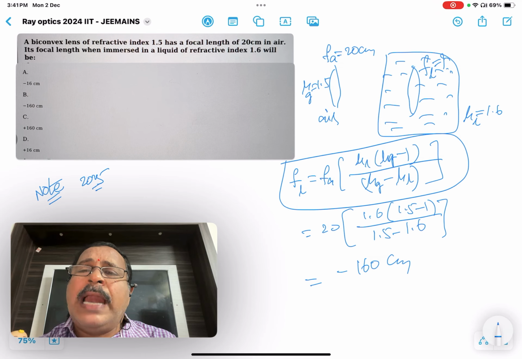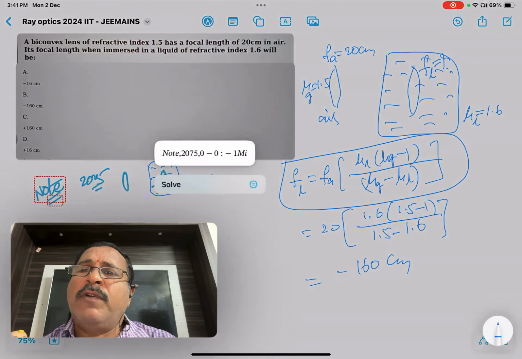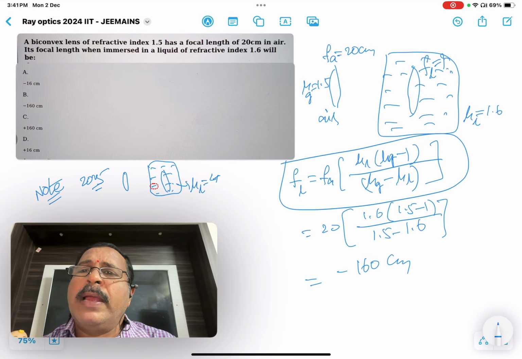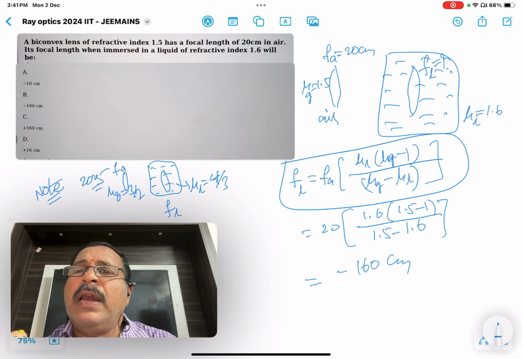When a glass lens is immersed in water, the liquid is water I am mentioning, then water of refractive index mu L, we know, is 4 by 3, and mu G value is 3 by 2. After substituting these values in the new focal length FL, FA is the initial focal length, the new focal length FL increases by 4 times, 4 into FA.